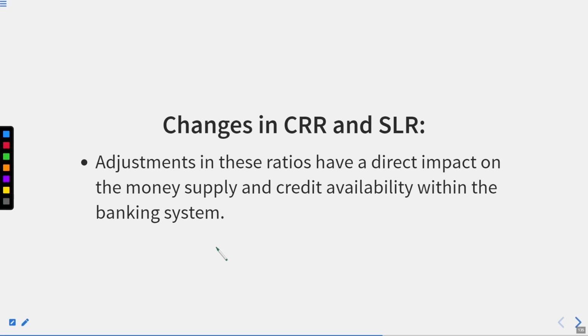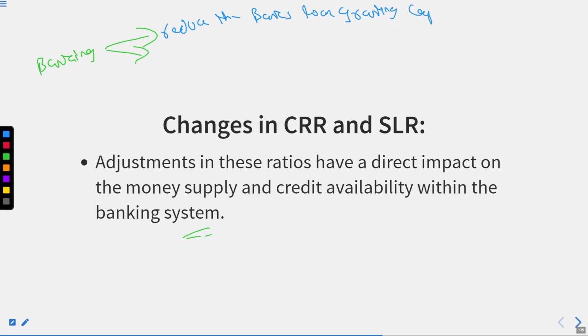Adjustments in these ratios have a direct impact on the money supply and credit availability within the banking system because, as I have told you, increase or decrease in the CRR and the SLR directly reduces or increases the bank's loan granting capacity.